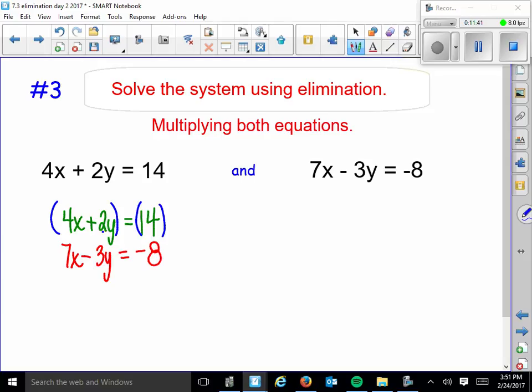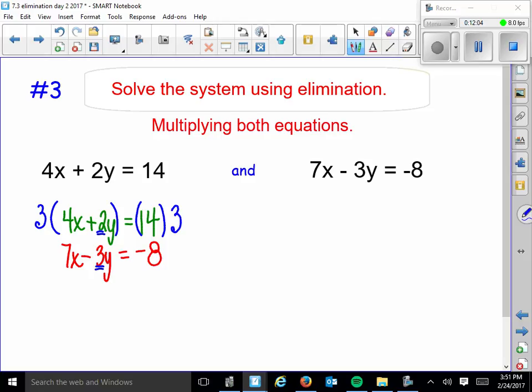Well, 2 and 3 both divide into 6. What do I need to multiply 2 by so that it is equal to 6? That would be a 3. So I have to multiply both sides of the first equation by 3.